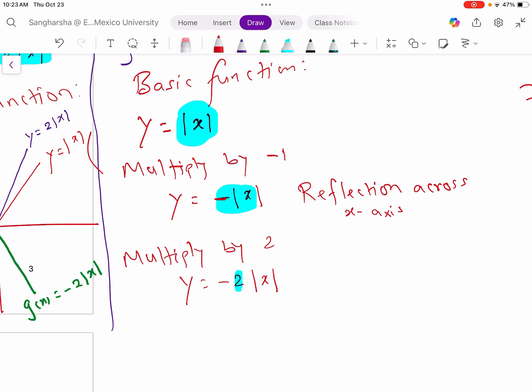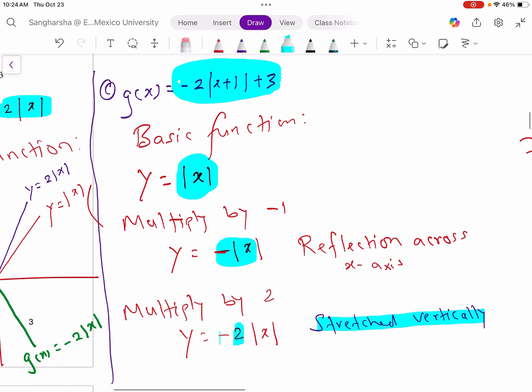What is the transformation? The graph is stretched vertically away from the x-axis. So multiplying a function by a number greater than 1 means we are stretching our graph vertically away from the x-axis. So we are almost there.